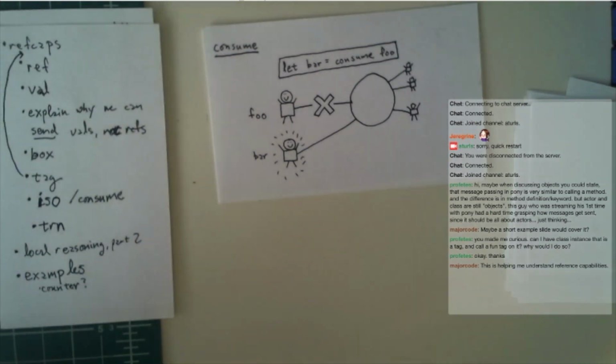I guess, yeah, the important things, and maybe I can make a slide around this, but the important things that I wanted to emphasize are that by looking at the reference capability for a particular reference, you can reason locally about the global state of your program. And when I say you, really what I mean is the Pony compiler can reason locally about the global state of the program.